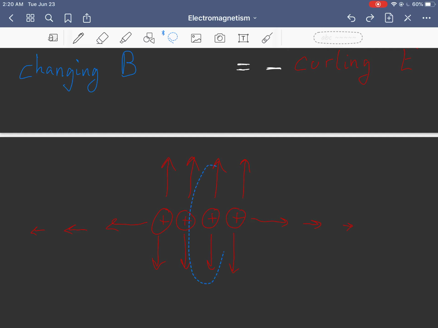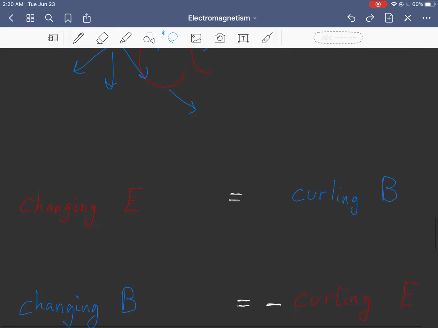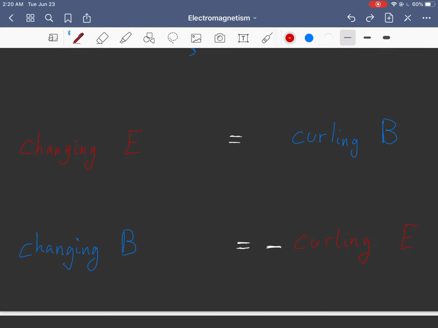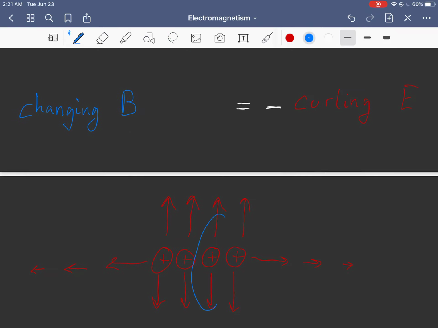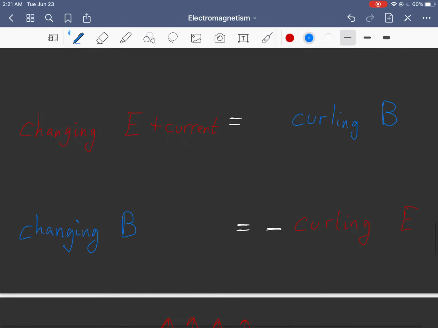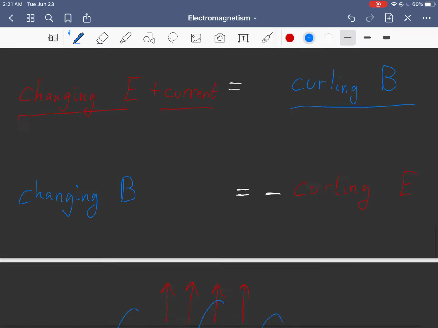The fact that if you have a string of charges, we call that current, it also creates curling magnetic fields. So the middle here will also create curling magnetic fields. So this and this create curling magnetic fields.